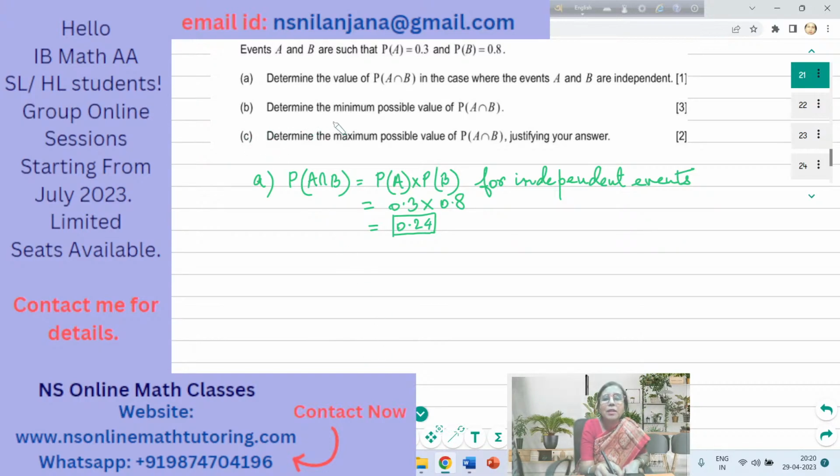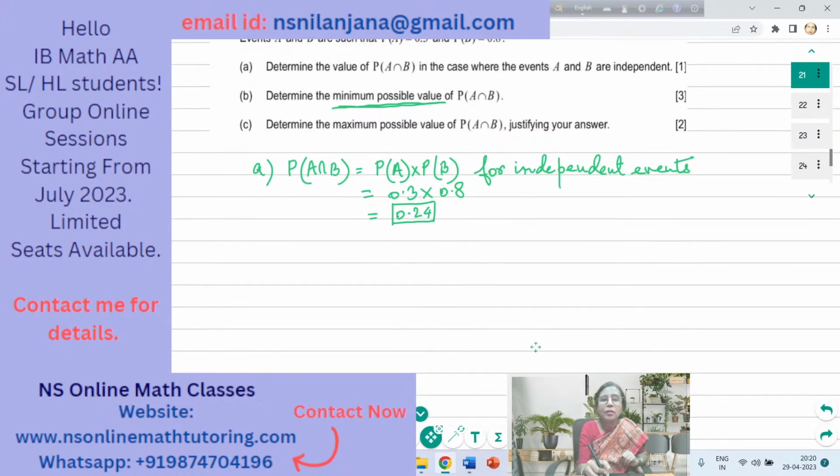Coming to part B, determine the minimum possible value. So they have given us 2 events. If we try to draw the Venn diagram, what happens?